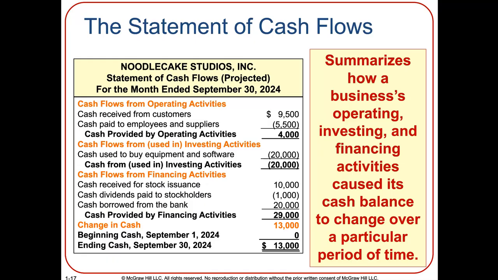Back in the 1990s, when Microsoft was just growing like crazy, Microsoft didn't pay a dime in dividends. Any thoughts on how they could get away with that? They grew the business, so my shareholder stock price is going up.